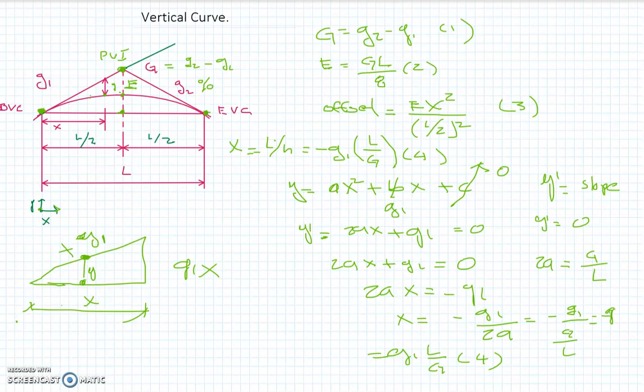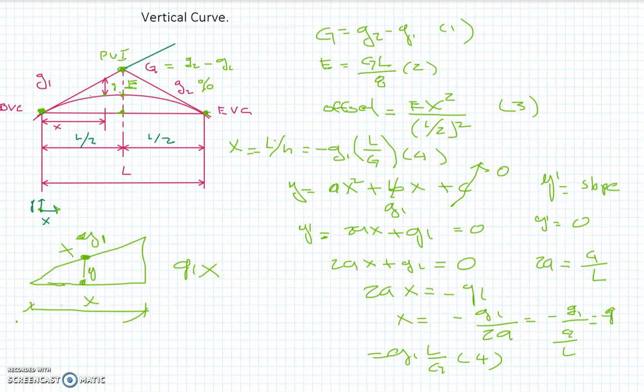This is the slope, and this is the horizontal distance. Then you multiply this by x, and you find the change of rates of the slope, and you add it to the beginning of the curve elevation, or subtract it from the beginning, the PVI, and you find the elevation.